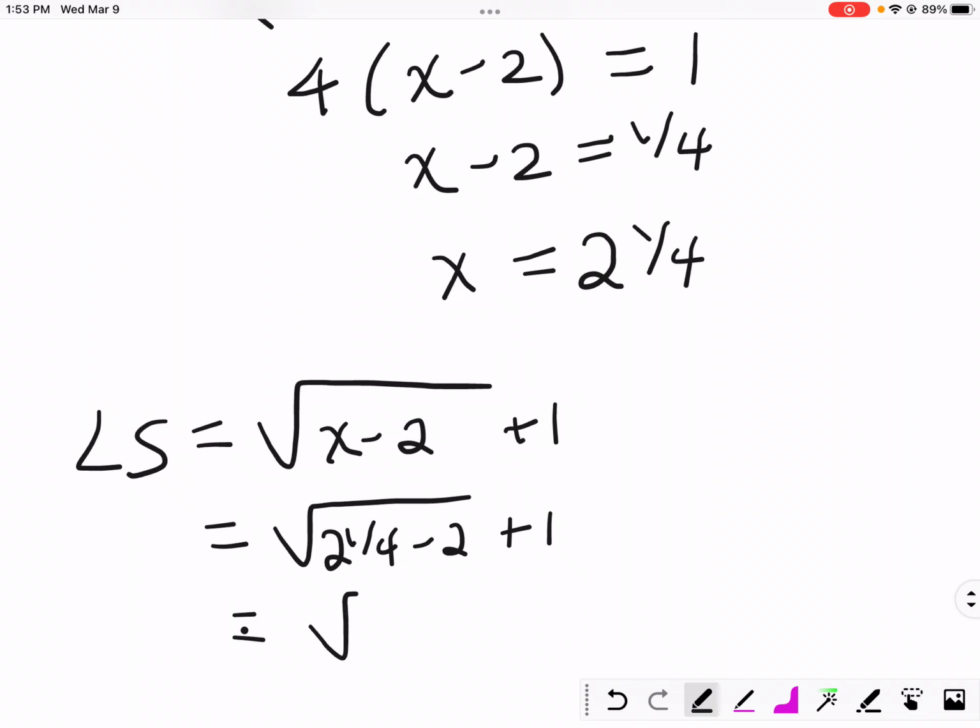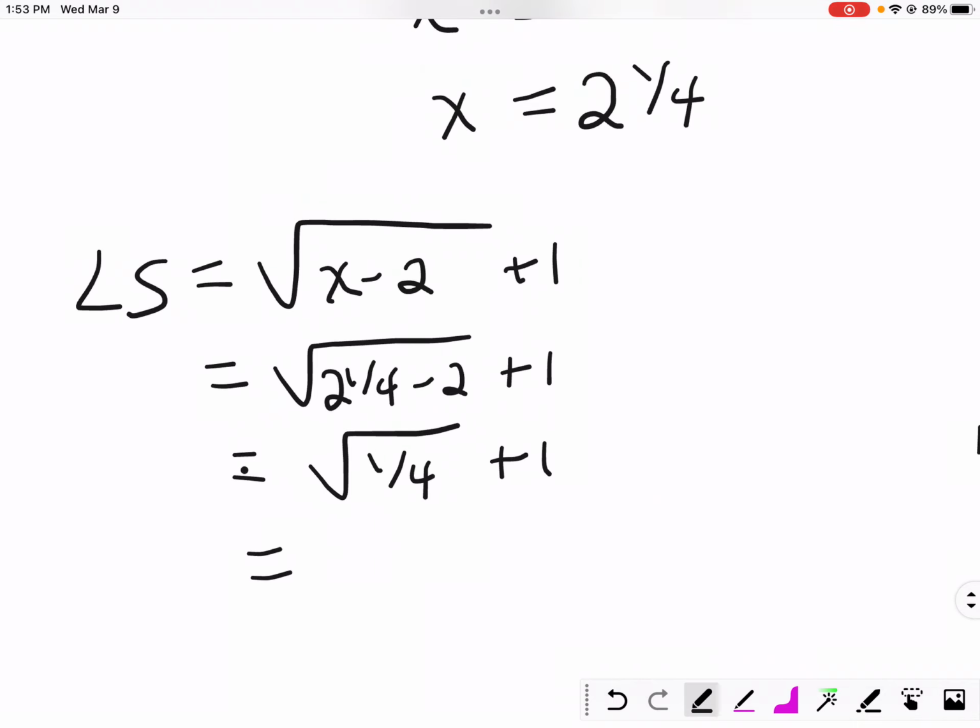This is the square root of 1/4, and the square root of 1/4 is 1/2. So at this point, I'm going to say this left-hand side is 1 1/2, or 1.5.